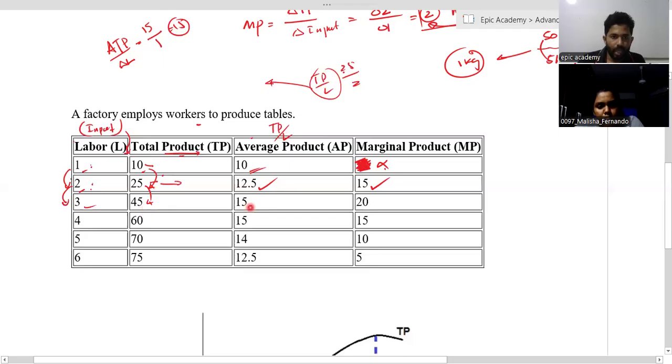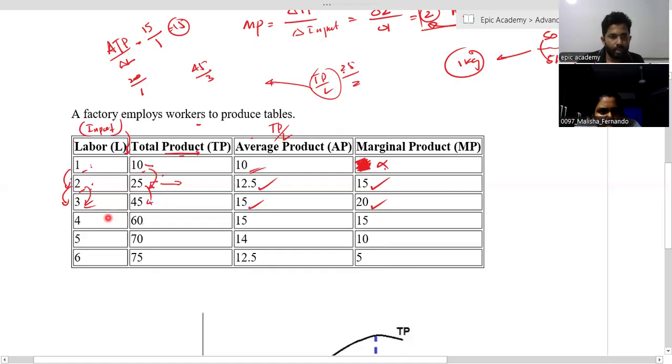So what happened to the average production? 45 divided by 3, it becomes 15. So what happened to the marginal production? The difference between TP, 25 to 45, is 20, isn't it? Yes, 20. The difference between these two points of labor is 1. 20 divided by 1 is 20.